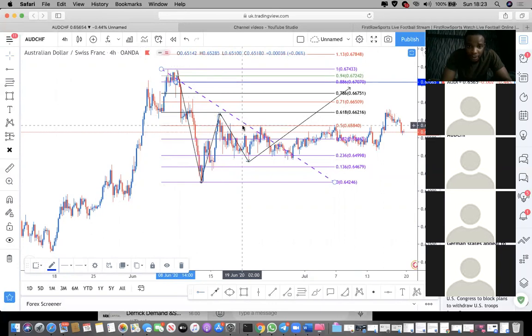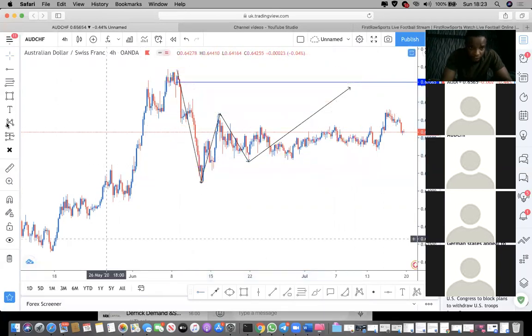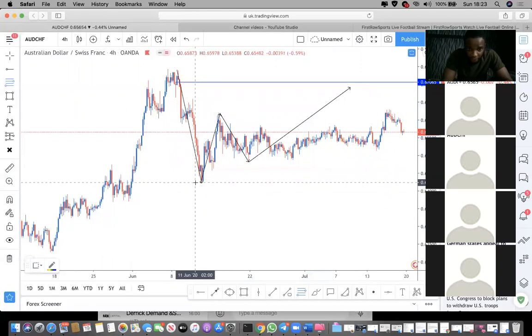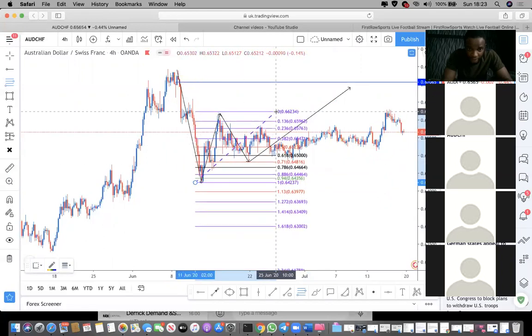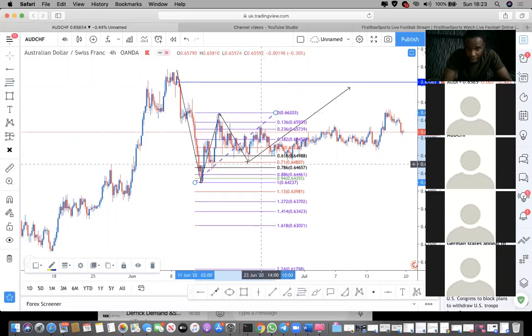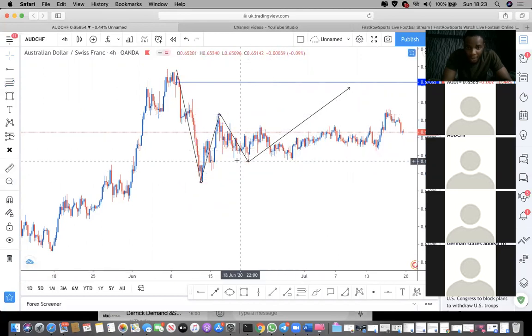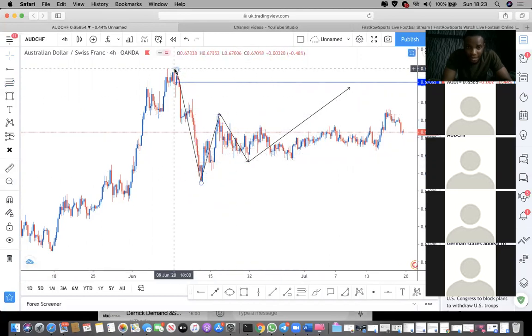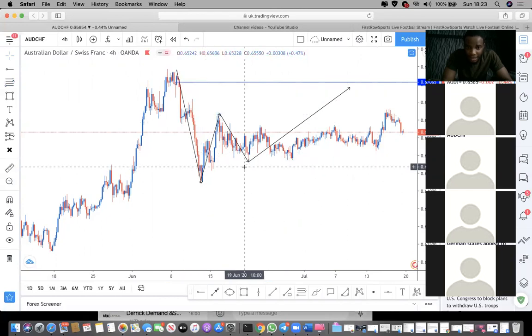I'm going to take this fib off, and I'm going to fib from here to there, to the B. Do I have more than 50% and below? So 50%, 61.8, 71 level, price was able to reach it before it started climbing up.